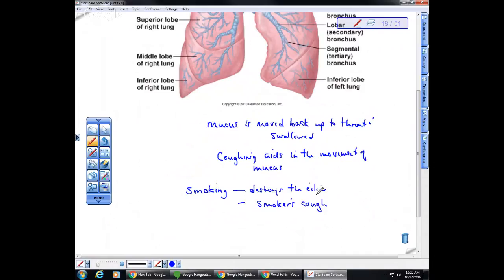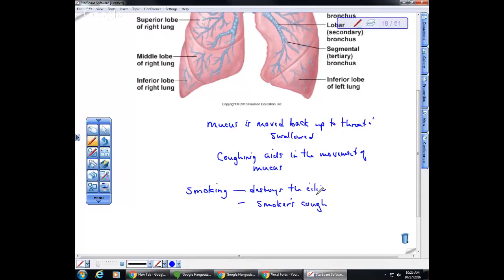Or so-and-so days. And the reason is that if you are a smoker and you don't have the cilia, you have to cough. So coughing is actually a good thing, because you have to get that mucus up out of your trachea and up out of your lungs. And so if you've ever lived with a smoker, one of the things that they do is they get up in the morning and they have to hack, and they have to hack, and they have to hack, and you're like, oh my gosh, it sounds like you're coughing up a lung.